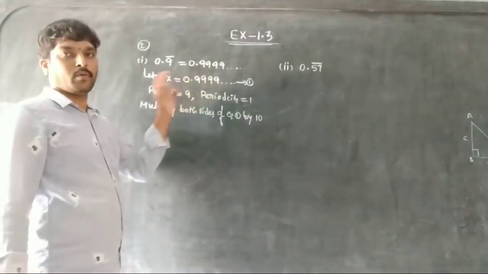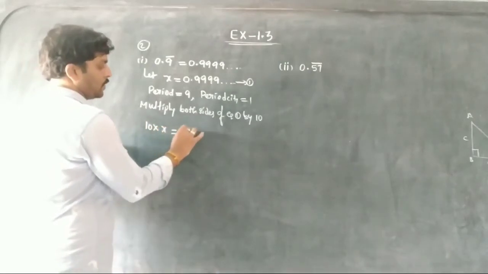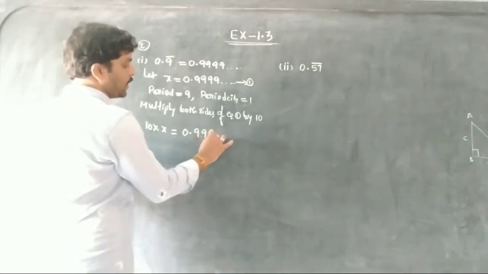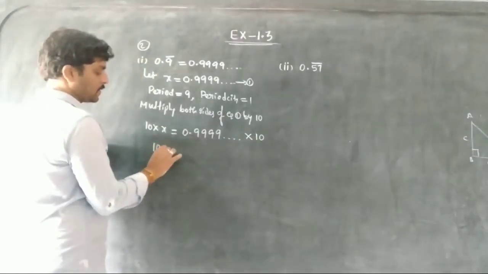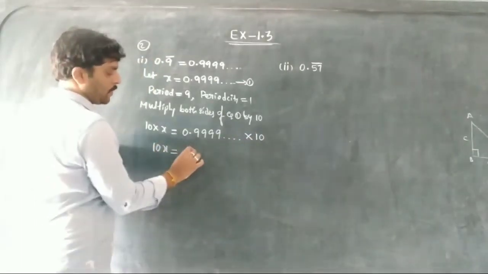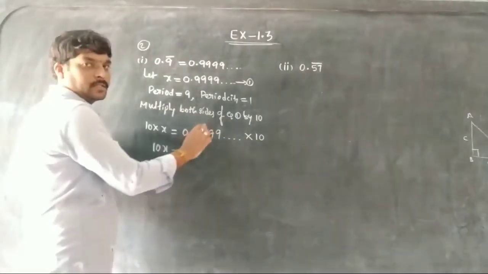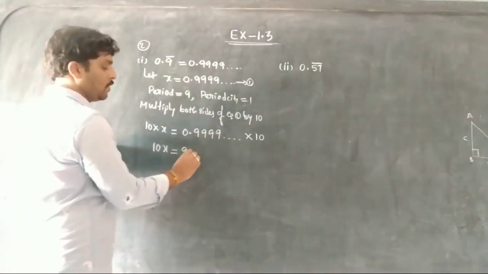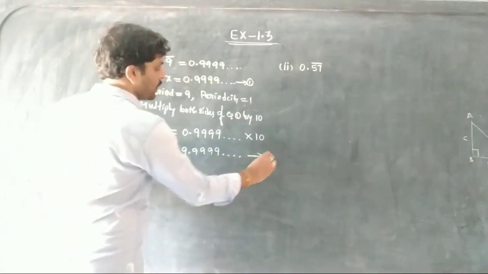So 10 into x, and 0.9999 and so on into 10. Now 10 into x is 10x. The decimal moves forward after 1 digit when multiplied with 10. 10 means 1 digit, 100 means 2 digits. So 9.999 and so on. This is equation number 2.